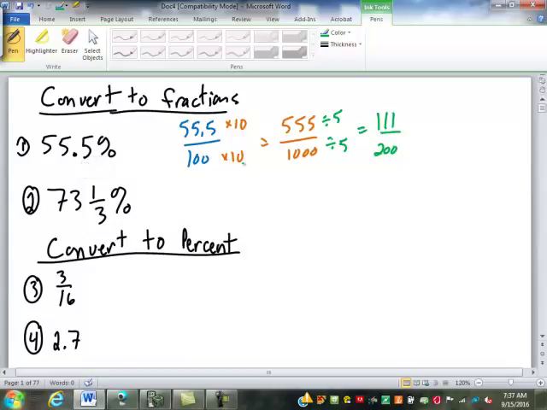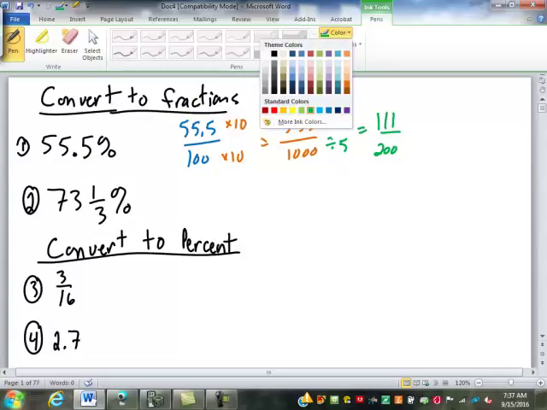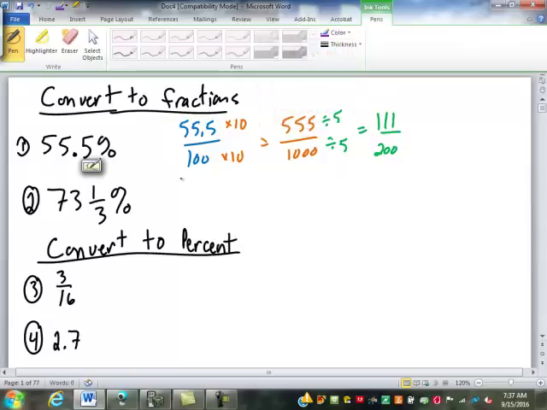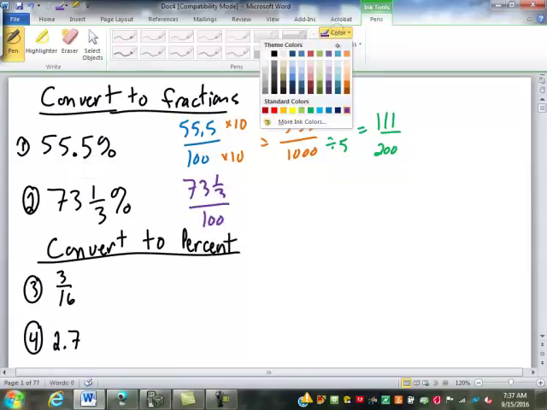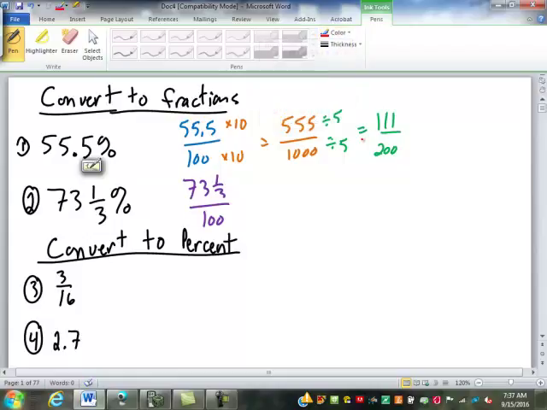Questions? 73 1/3%. 73 1/3 over 100. Then what? What's that? Make that an improper fraction. So 73 times 3 is 219 plus 1 is 220 over 3.